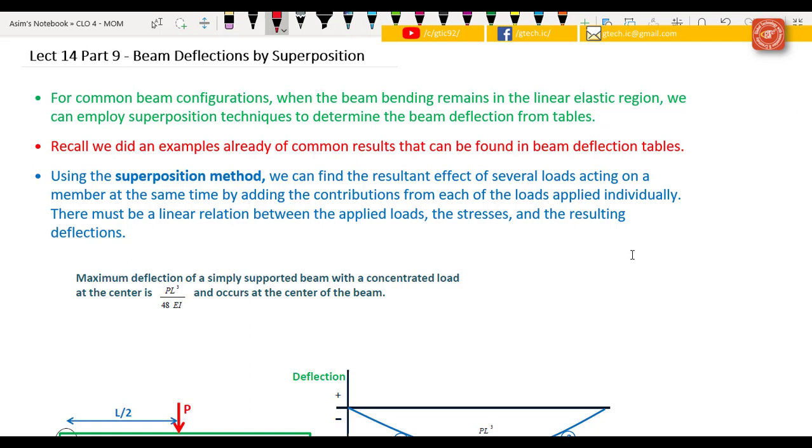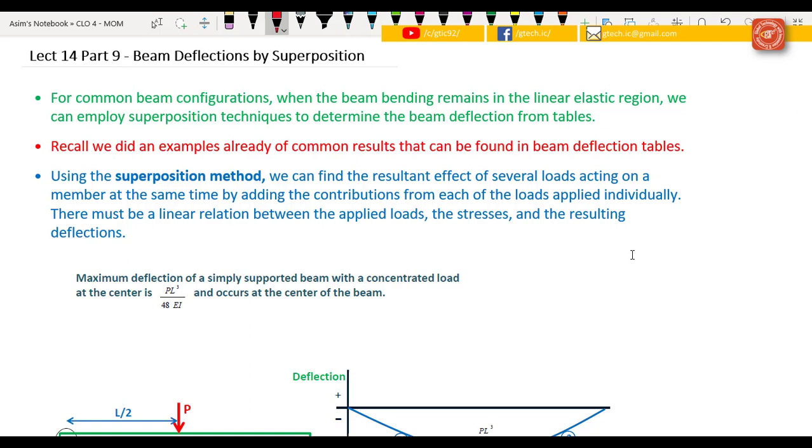But for the common beam configuration, when the beam bending remains in the linear elastic region, we can employ the superposition technique to determine the beam deflection from the tables. And as a recall, we did an example already of some common results that can be found in the beam deflection tables.